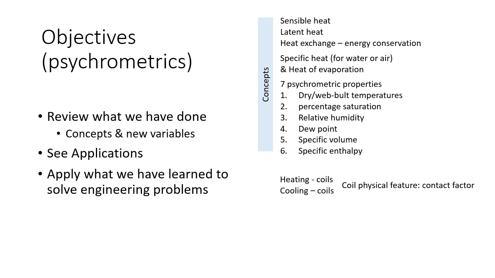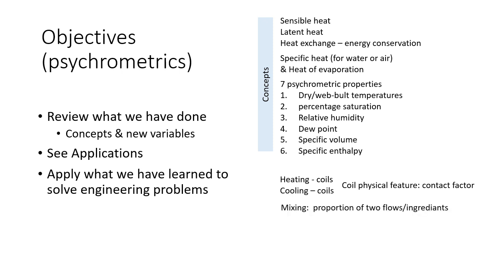Therefore, we introduce another variable to define this kind of contact. If the contact factor is 1, that is 100%, this means a perfect contact. Now, if there's very little contact, the value would be smaller, close to 0. So this is a physical measure, a description of a physical feature for the 2 flows to contact each other.